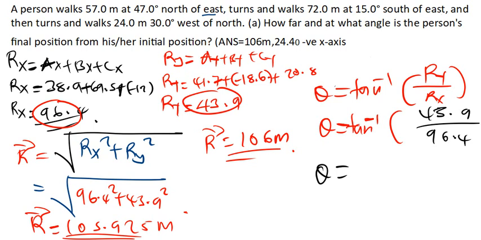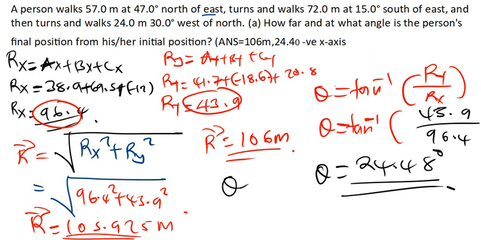So the answer I'm getting is 24.48 degrees, which is my angle in this case. If I want, I can just say my angle is 24.5 degrees. As simple as that. So this is how you work out this type of vector problem.